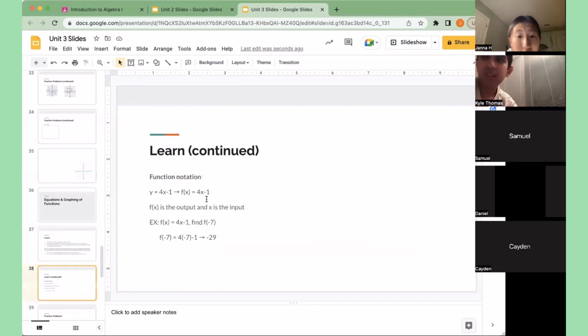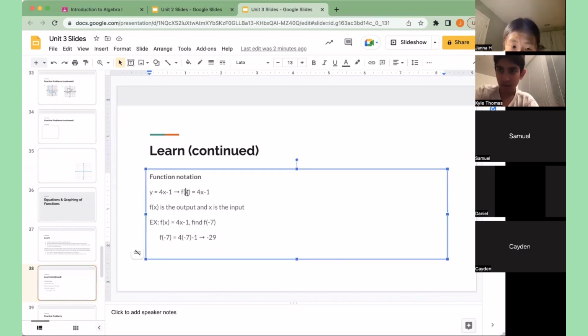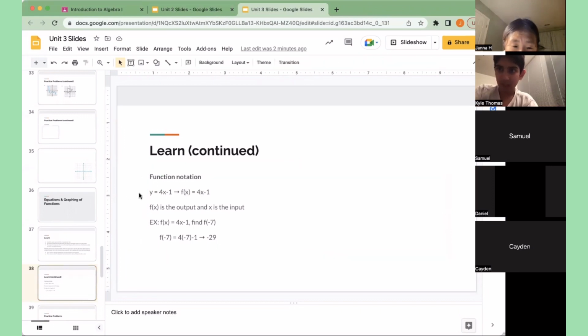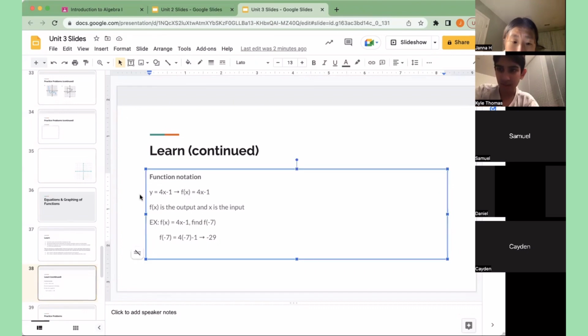And you'll see this. So function notation, instead of y equals 4x plus 1, again, it's f of x equals 4x minus 1. And as you can see, f of x or y depends on what x is, because if you put a 3 in here, the answer is going to be different. There's no y, it's f of x.